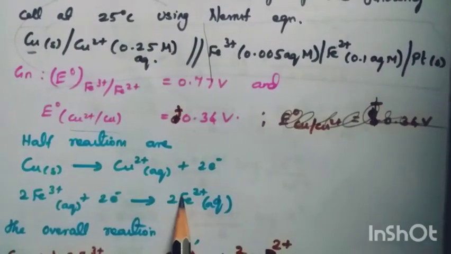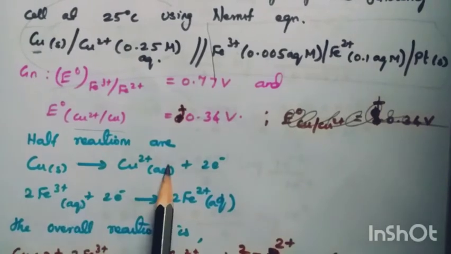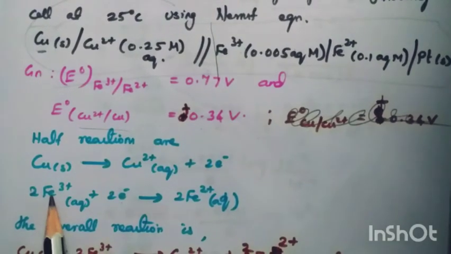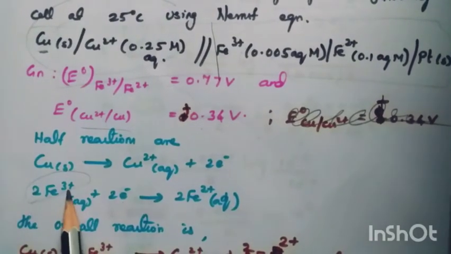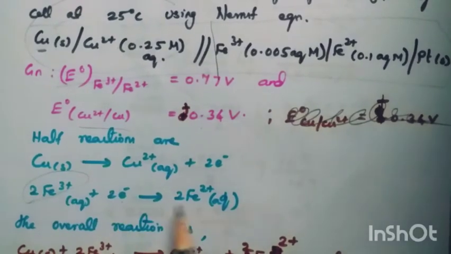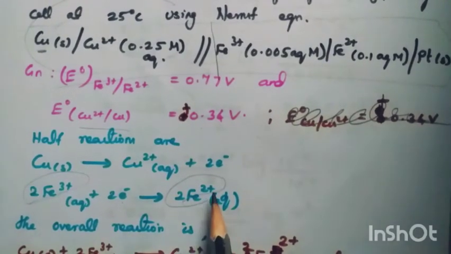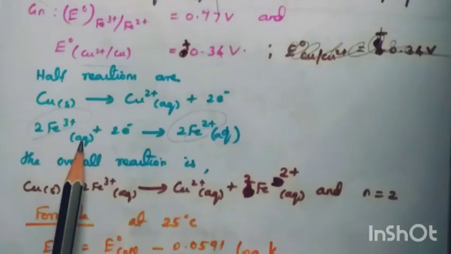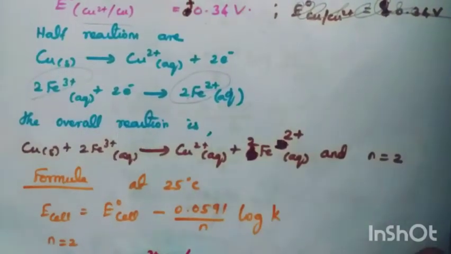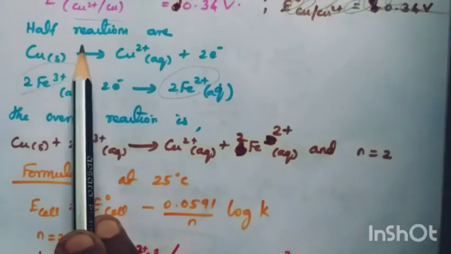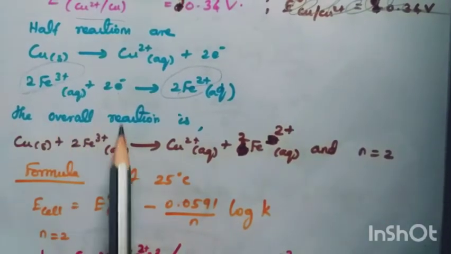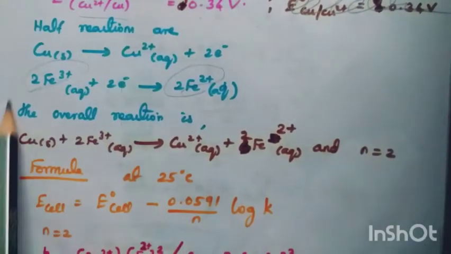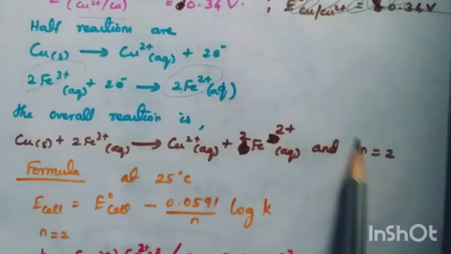If here two electrons, here also two electrons, so it is balanced. Two times three is 6, minus 2, remaining 4 plus. For the overall reaction we have to add these: Cu solid plus 2 Fe3 plus, with 2 electrons. Add the reactant side on one side and the product side on the other side.